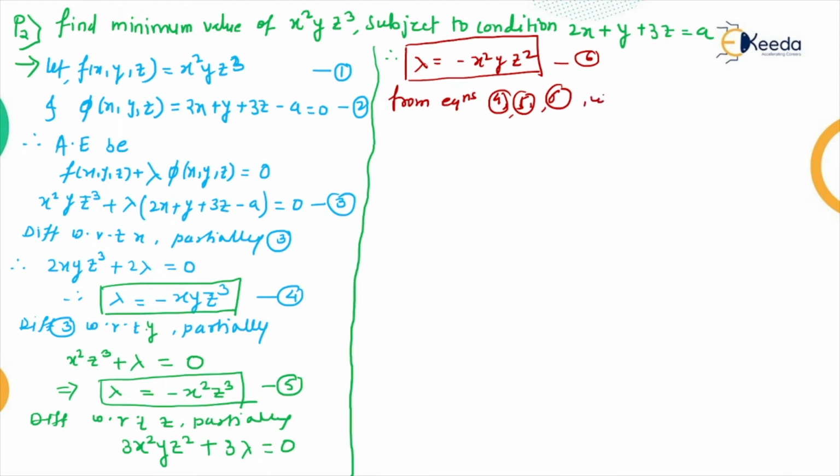We get minus x y z cubed equals minus x squared z cubed equals minus x squared y z squared. After equating and cancelling the similar terms, with the minimum power of x cancelled, what remains is yz on one side, which equals xz, which in turn equals xy.